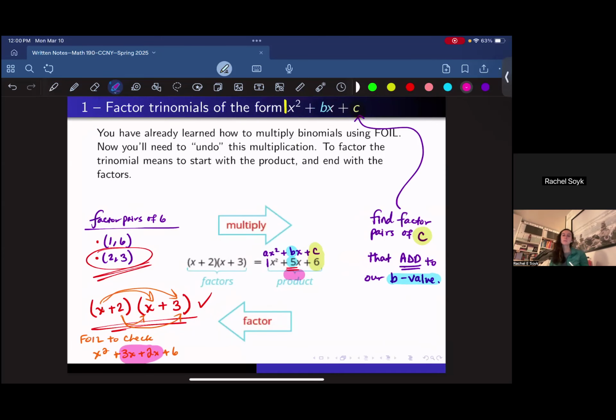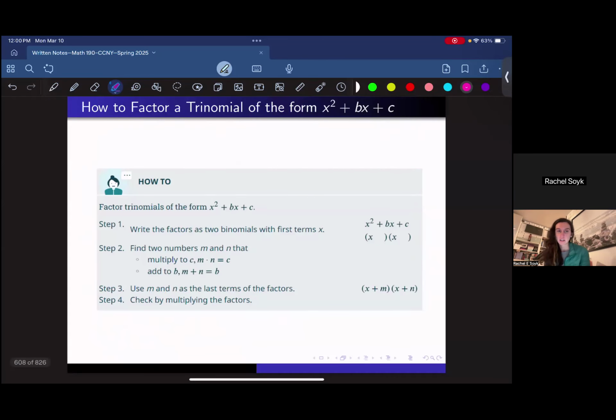All right. So now that we covered this from a rules perspective, this is just to formalize everything a bit more and carry out the necessary steps. So first thing, you have to identify that we indeed have that a value to be 1 in our x squared plus bx plus c. The second step is to identify, okay, what are factor pairs of that c value? And then to set up these potential binomials that you're going to take the product of.